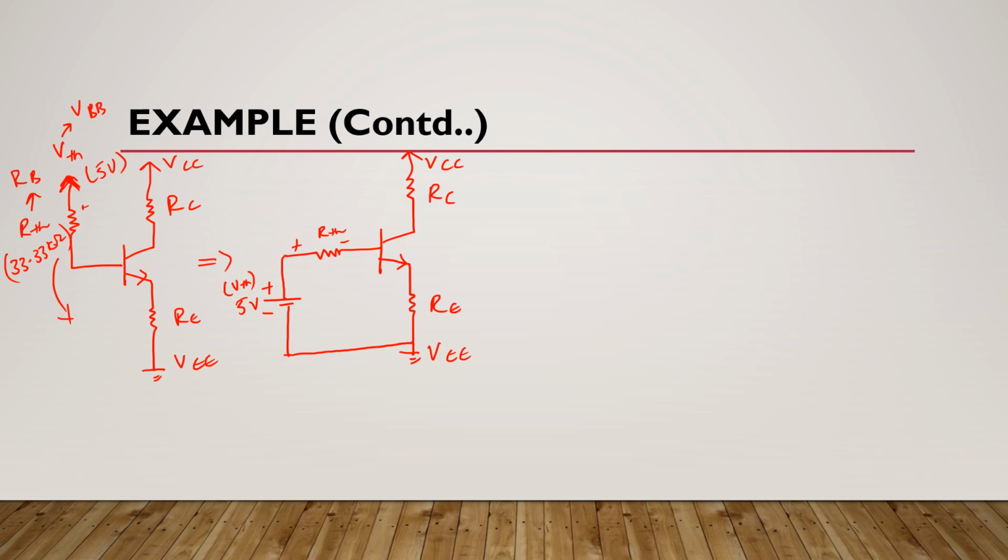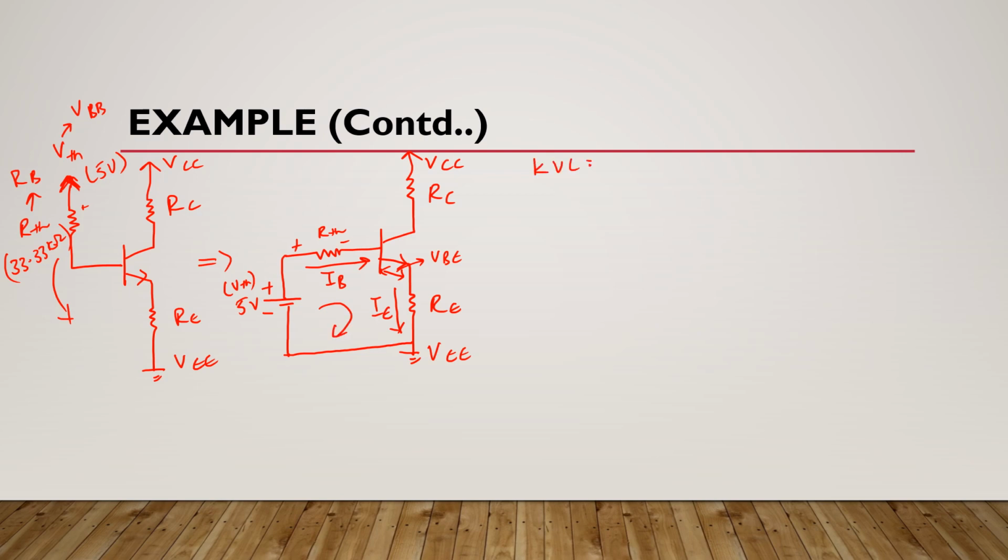We know that in this region we have VBE. Okay, and current IE flows in this direction and current IB flows in this direction here. So now if we apply KVL in this loop, what would be our KVL equation?